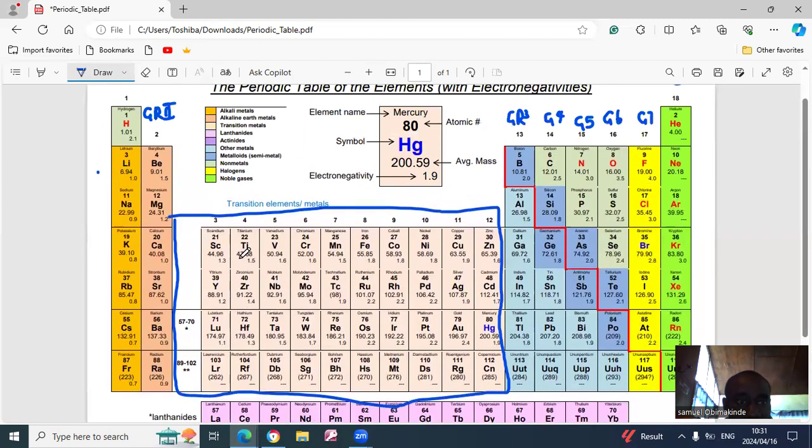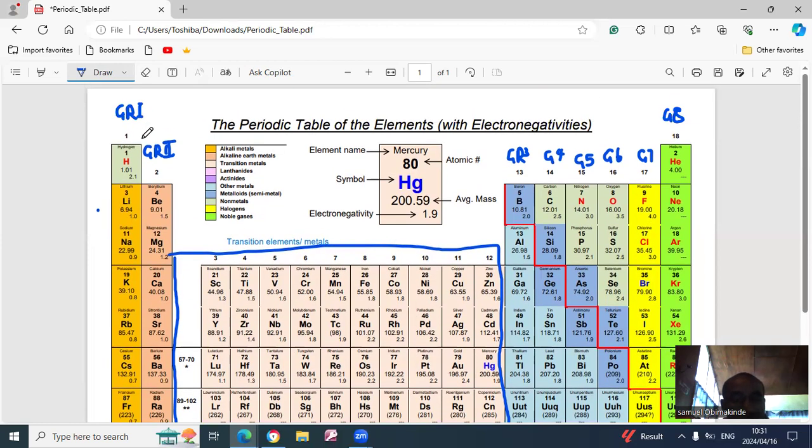So you need to have very good knowledge. Like I said a moment ago, the elements to the left of your periodic table, elements in group 1 and elements in group 2, they are metals. As we move on in the lesson, we'll look at the characteristics of metals.